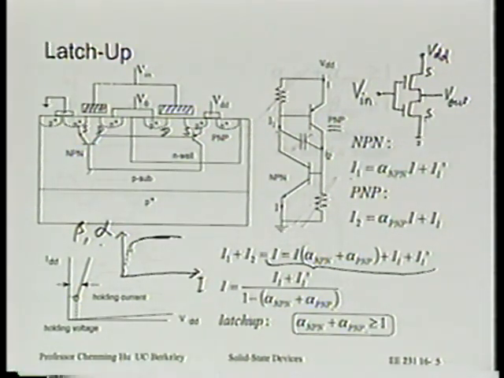So the solution today is actually to make this circuit tolerant of a large trigger current. In other words, it may still be triggered into latch up, but it's going to require many amperes to trigger this circuit into latch up. If that's the case, then essentially you're safe. See that? Okay? So how do you do that?